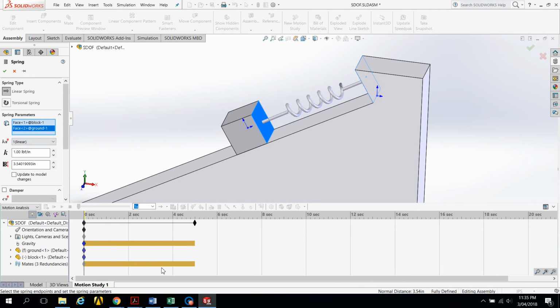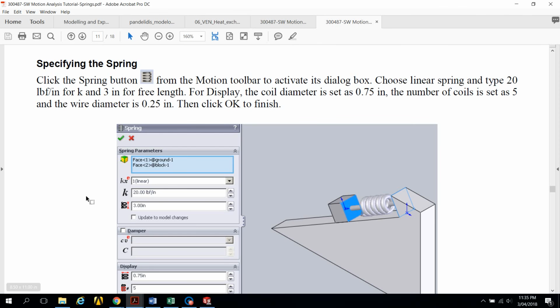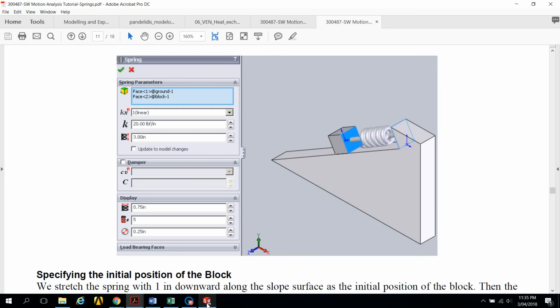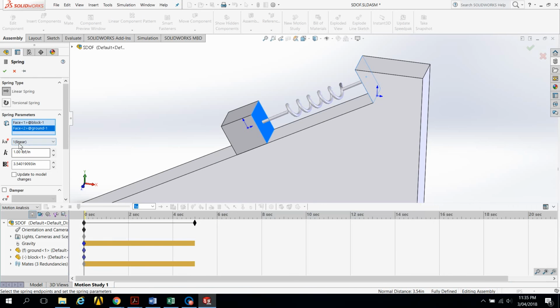We can change the properties of the spring itself, as you can see here. The wire decay is going to be 20. The diameter is going to be 3 inches. So 1, 20, 3.